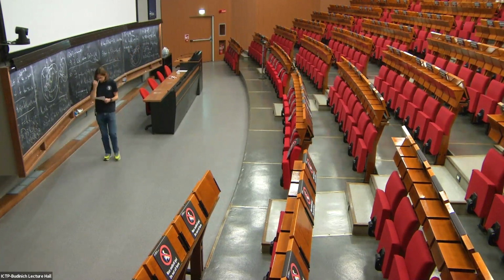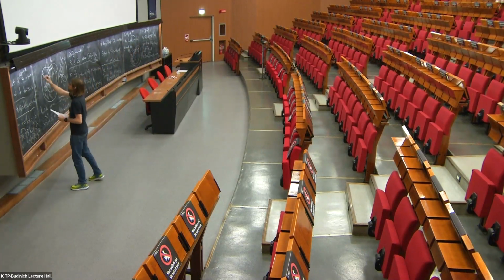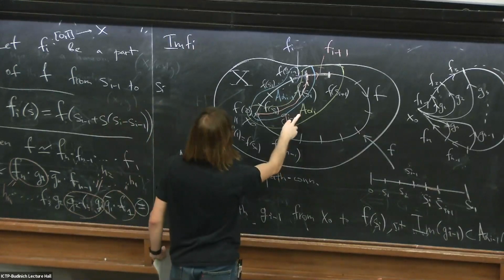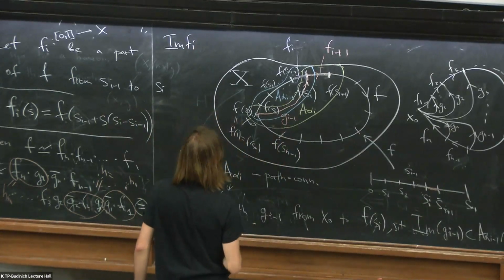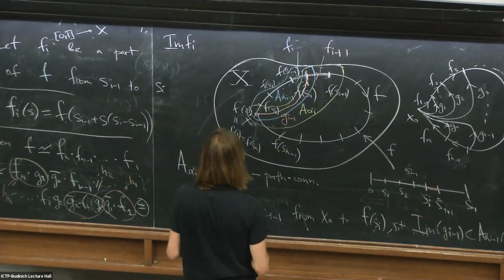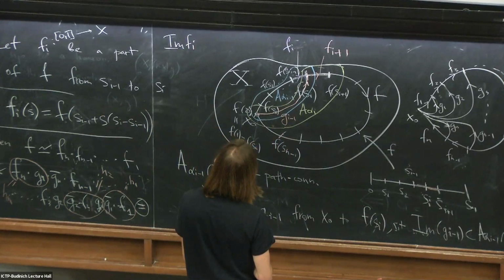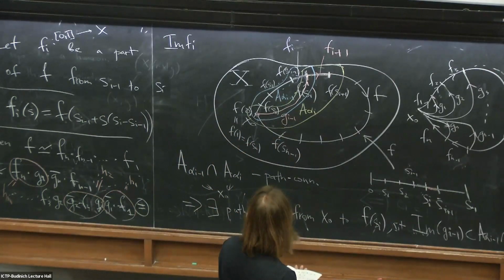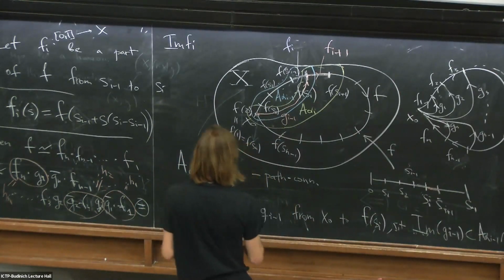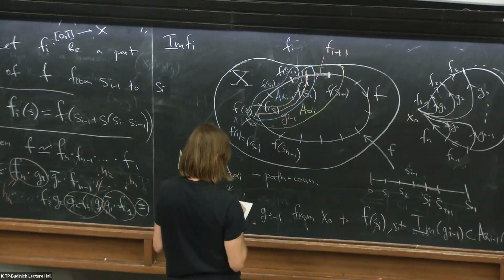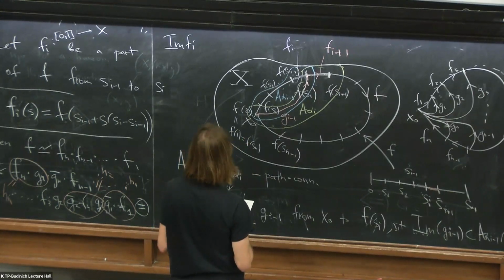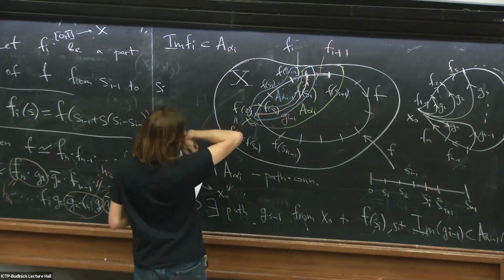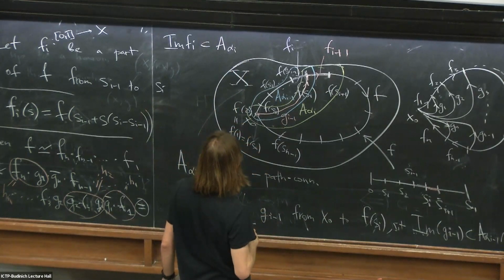Just by construction, the image of Fi was inside A alpha i minus 1.